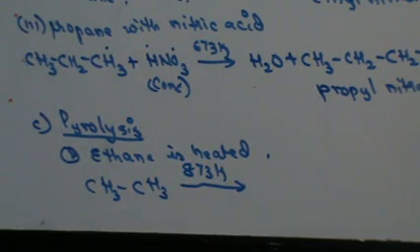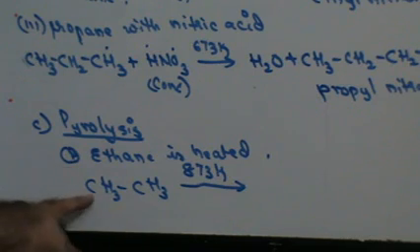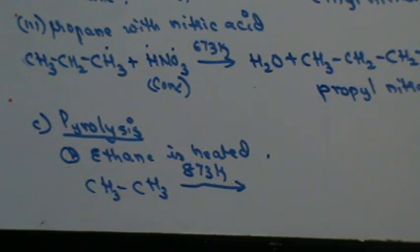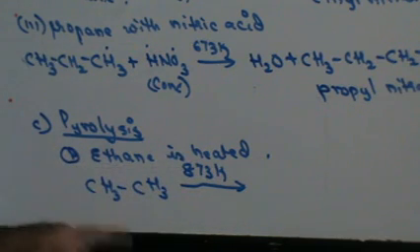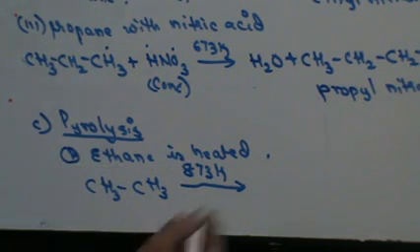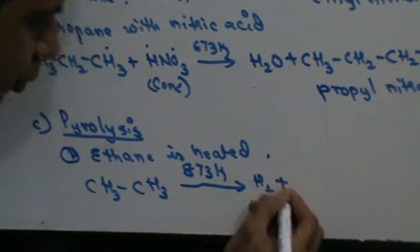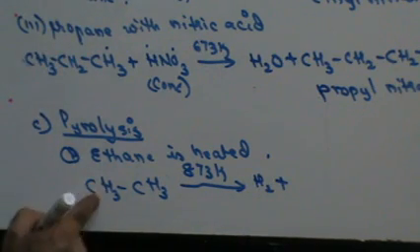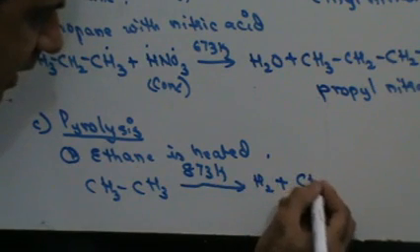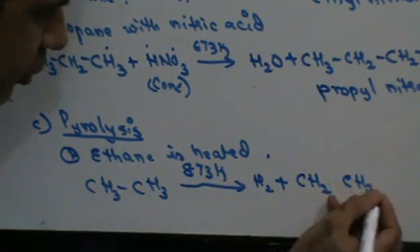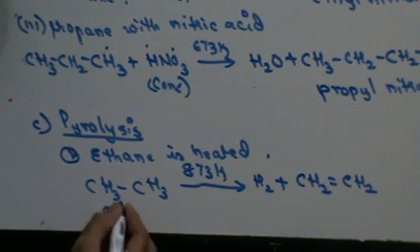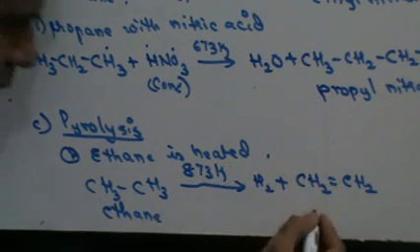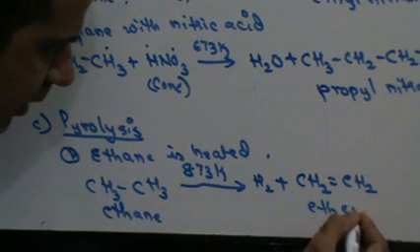If I heat this at very high temperature, the bond between carbon and hydrogen will break, and this will give me H2, right? That will leave me with CH2, CH2. To balance this, there has to be a double bond. So this is ethane, 2 carbon atom, ETH, double bond, ethene.